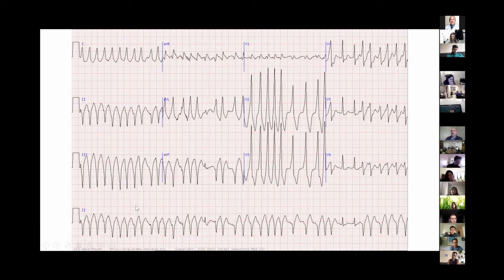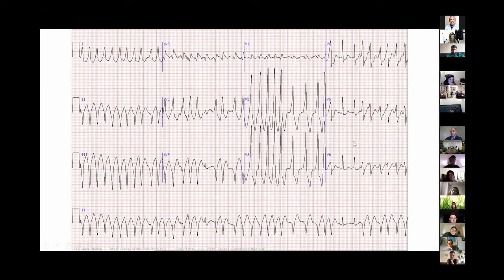And then the fast rate itself is really characteristic for someone who has an accessory pathway, because that tissue is able to conduct that fast. So this is your classic pre-excited AFib. And as you pointed out, the narrow beats just tell you that this person does not have a pre-existing bundle branch block.